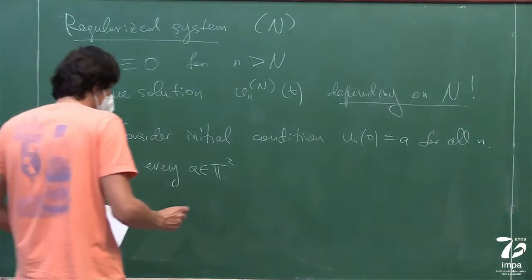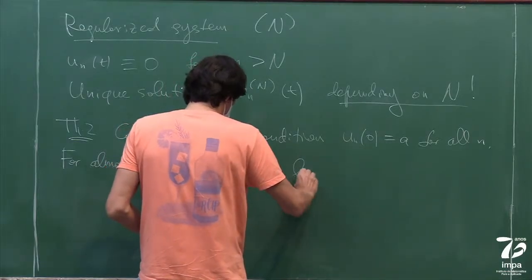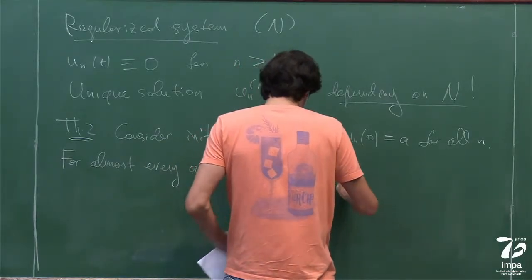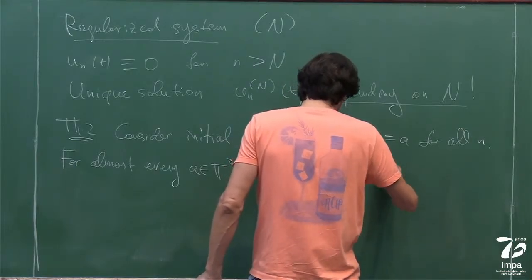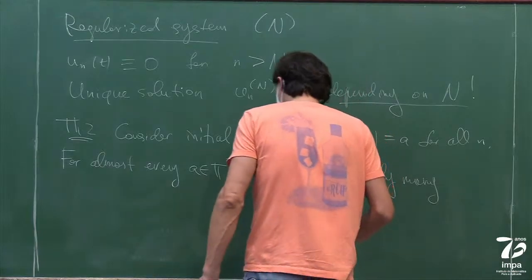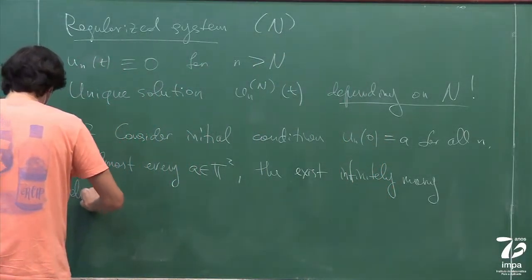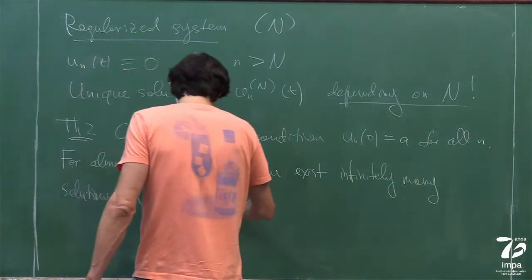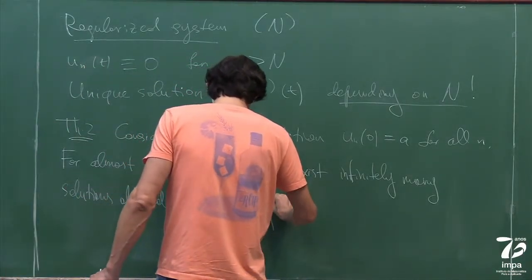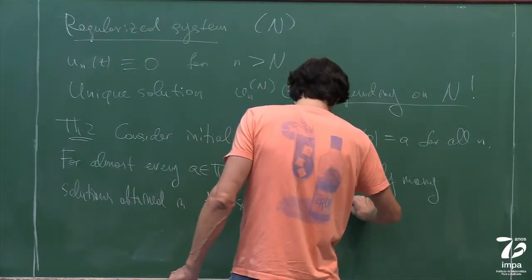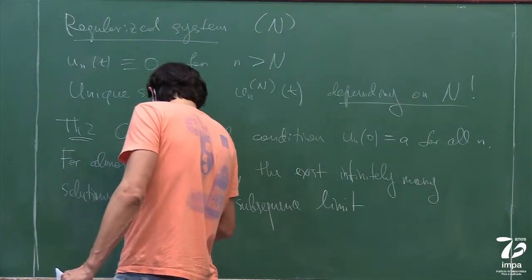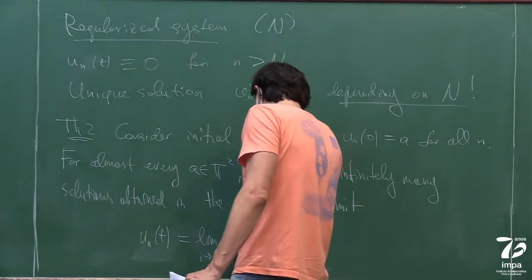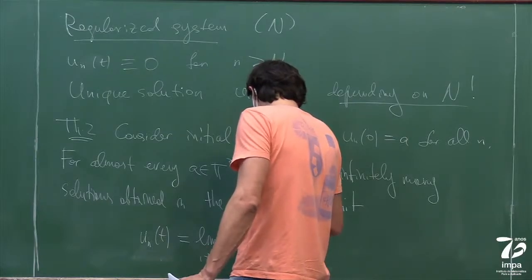But for almost every A that you can choose, there exist infinitely many solutions obtained in the subsequence limit: u(t) equals the limit, as i goes to infinity, of u_{n_i}(t).